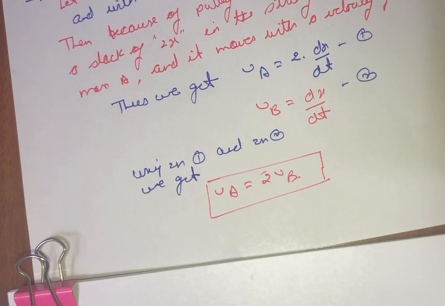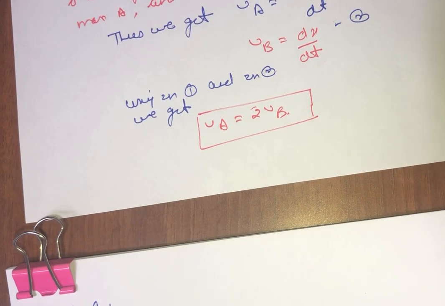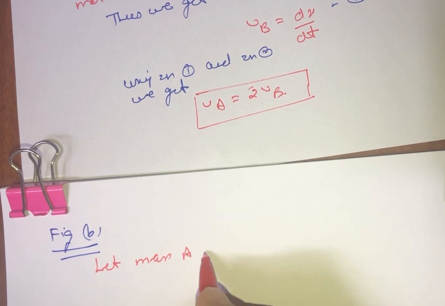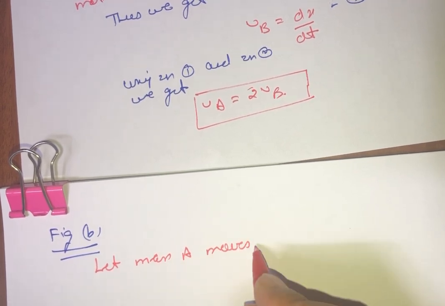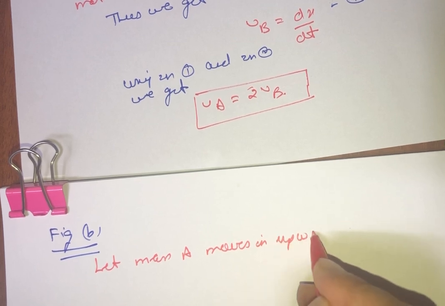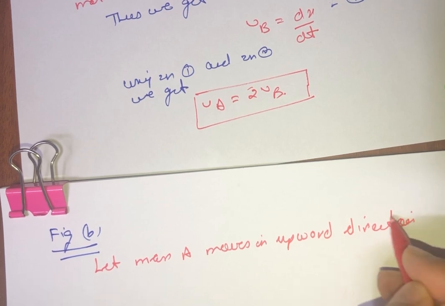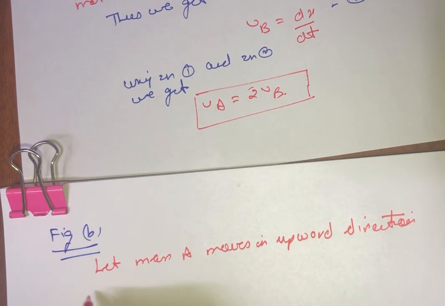Okay, so we can explain this part. You can say figure B, let mass A move in upward direction through x.